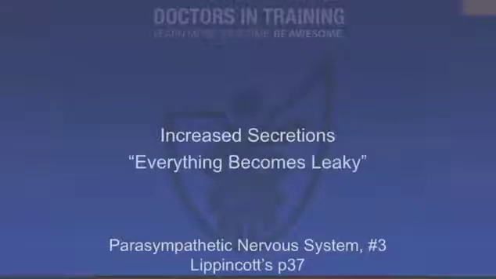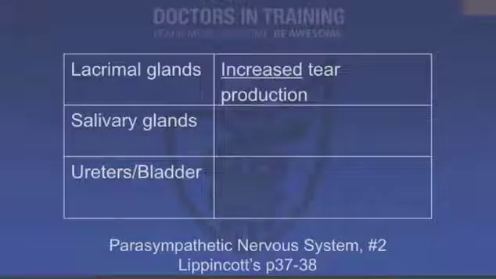One way to think about it is that everything in your body that can become leaky becomes leaky when you stimulate it parasympathetically. So we talked about GI motility. If you stimulate the gut with the parasympathetics, you're going to have a leaky GI system. You may get diarrhea. You're going to have more defecation. In the lacrimal glands or the tear glands, you're going to have increased tear production with parasympathetic stimulation.